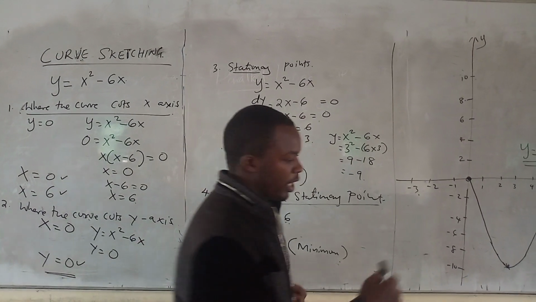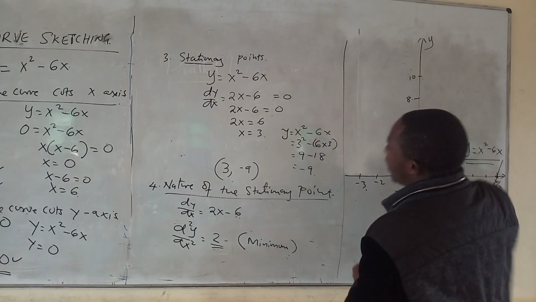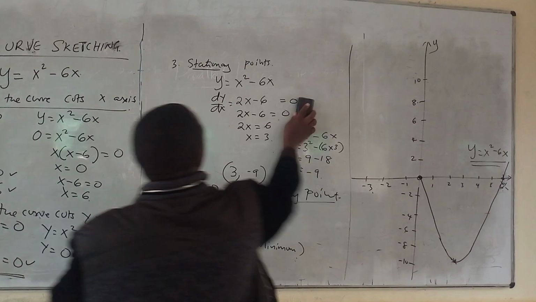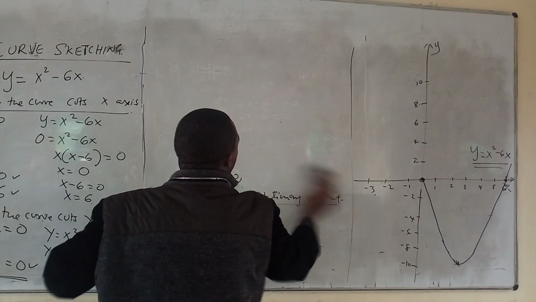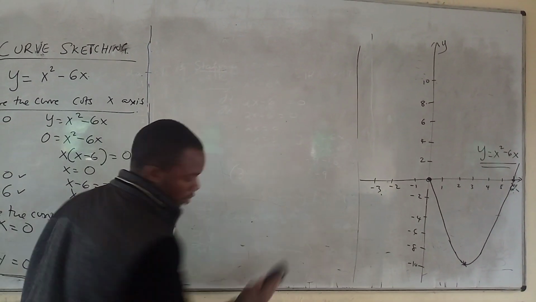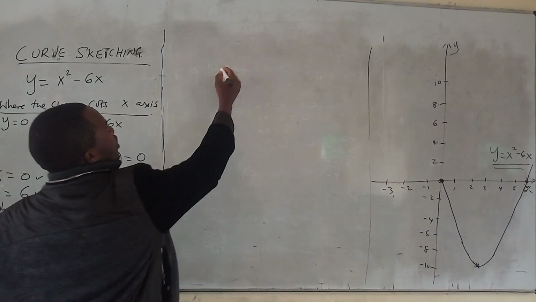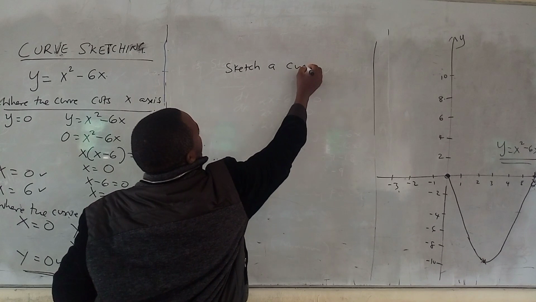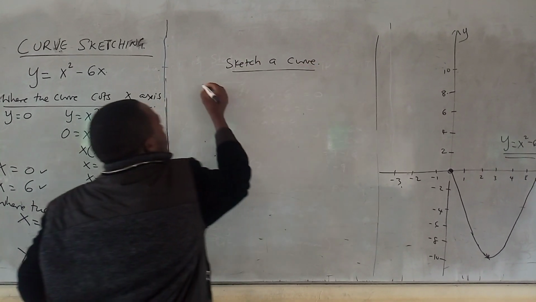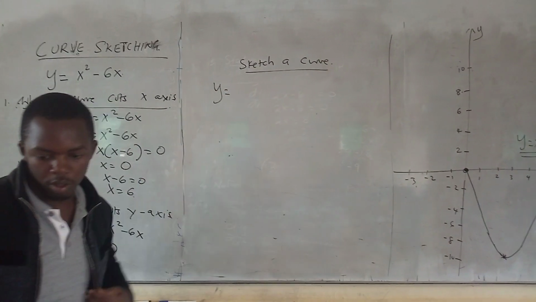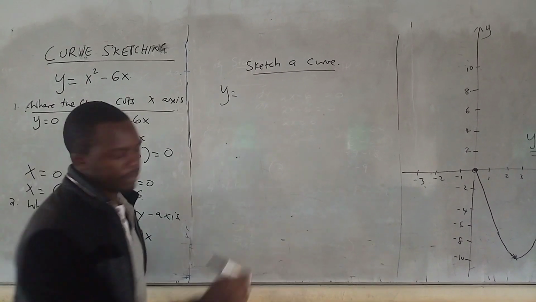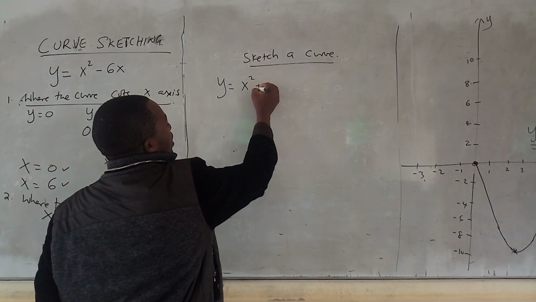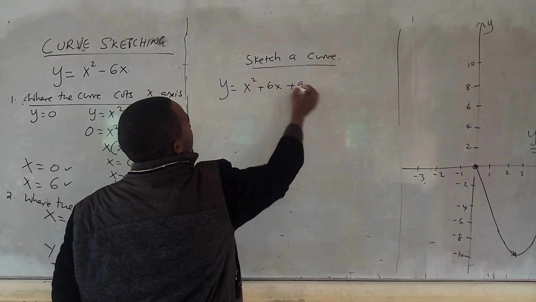I want you to sketch a curve. This is an assignment for you. The first question is to sketch the curve y is equal to x squared plus 6x plus 9.